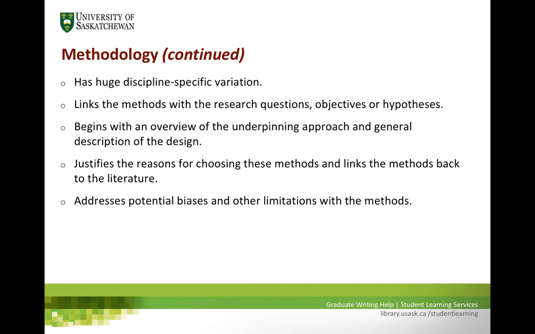And of course, then there are lots of method sections for different disciplines that would sort of fall in the middle of those two extremes. So the best way to determine what kind of method section you need to write for your thesis is to consult other method sections from theses that have already been written in your discipline.